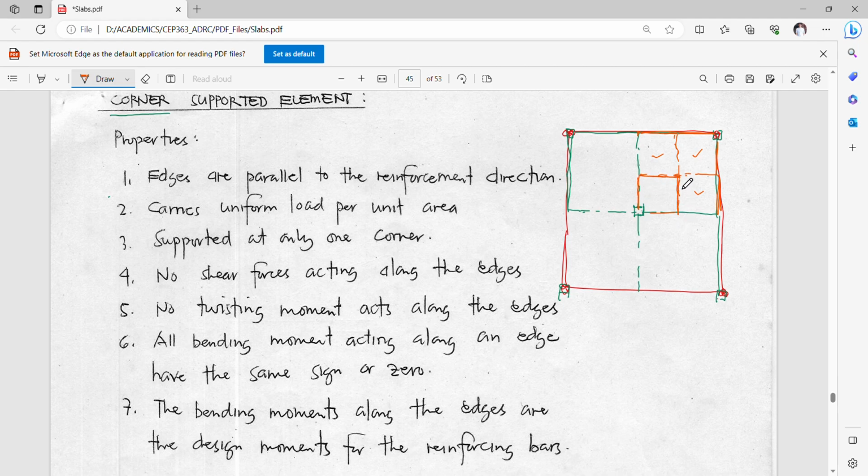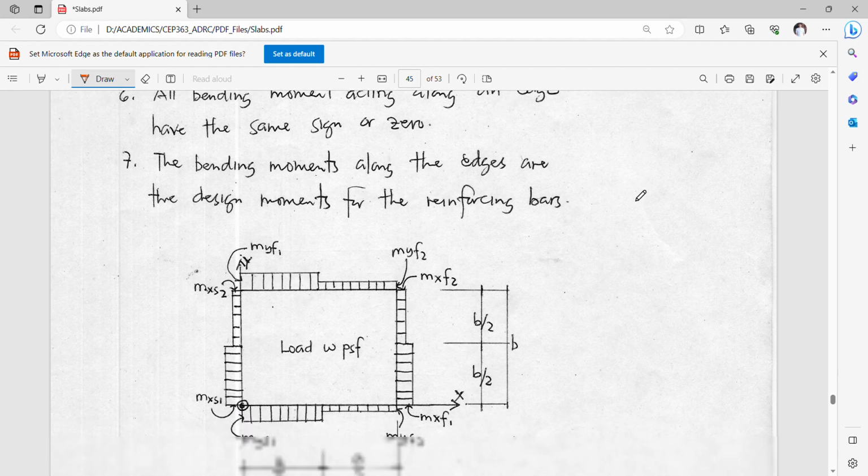If you will notice, this part here is subjected to a positive bending, and this one here, because of the inclusion of a support somewhere here, will be subjected to a negative bending. So in this case, your panel will look like this.